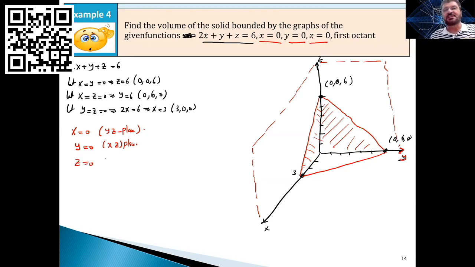Who's that? This is the XY plane. Who's the XY plane? Here it is on the ground. See that? This is exactly z equal to 0. And this one is y equal to 0. And this plane here is z equal to 0. So this is x equal to 0.